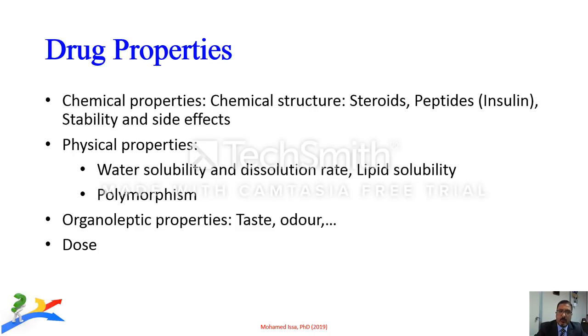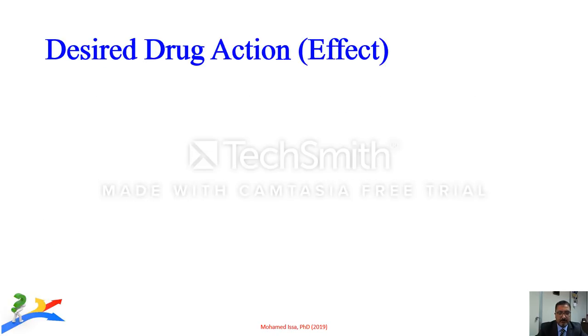Paracetamol, Panadol, 500 milligrams, sometimes 1000 milligrams, 1 gram. It is highly unlikely to formulate such high dose drugs in the form of sublingual tablets. It will be very difficult. So sometimes the dose of drug actually affects the selection of the route of administration.